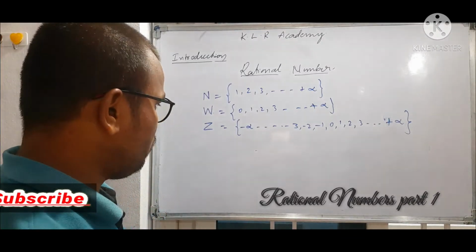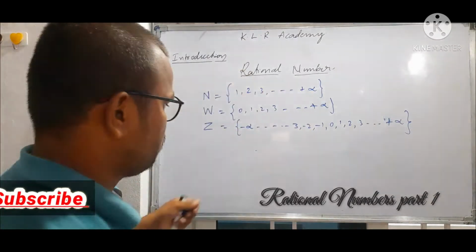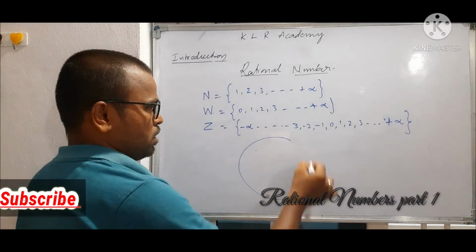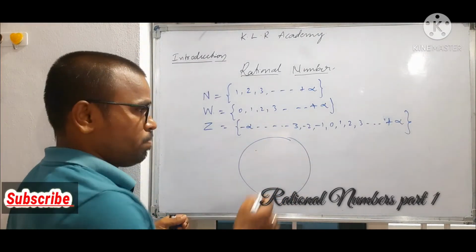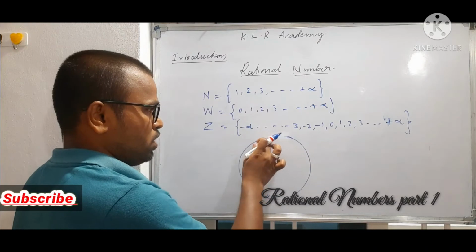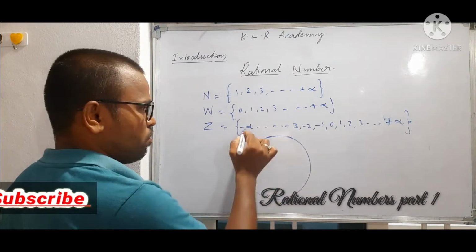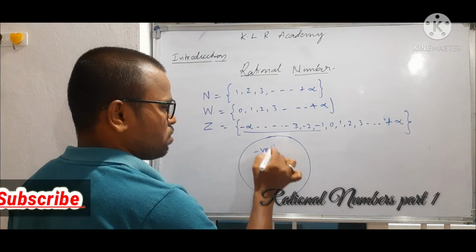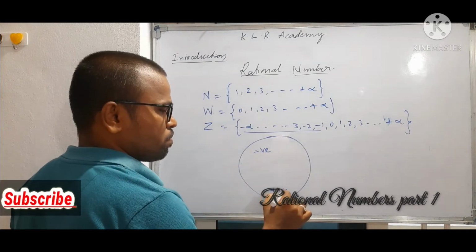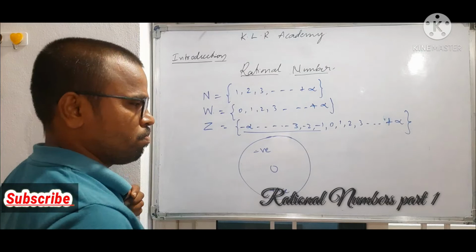If I consider this is the integer set, it is a group of integers. These are the entire range of the integers. In this we have negative integers, positive integers, and 0.